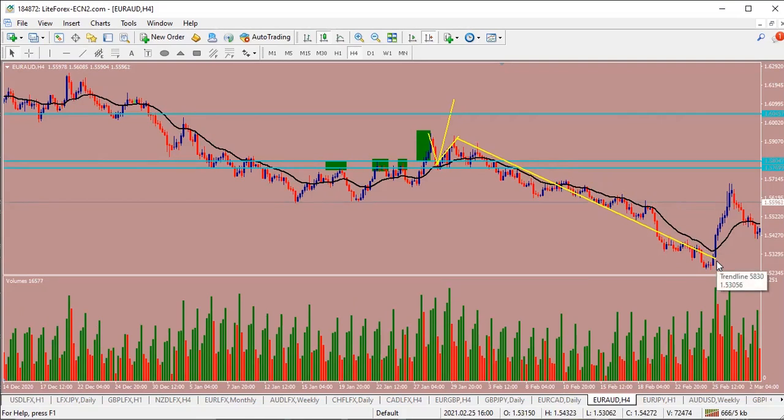Now, if you happen to enter immediately price breaks out, you will be in loss, right? If you happen to enter when the market retests, you will be in loss at the end of the time, with this scenario.